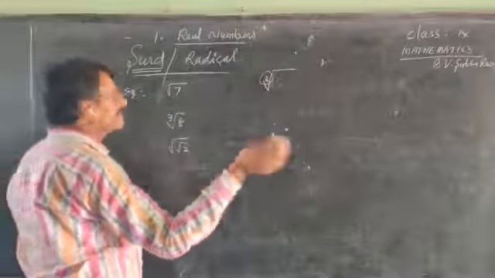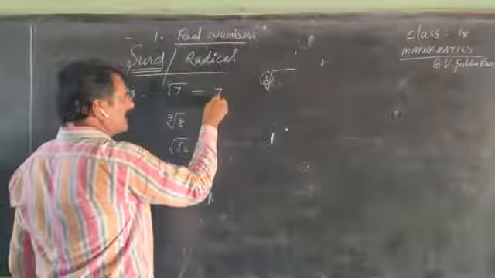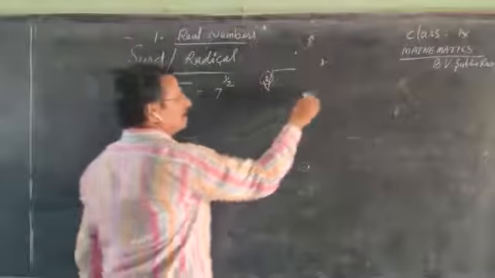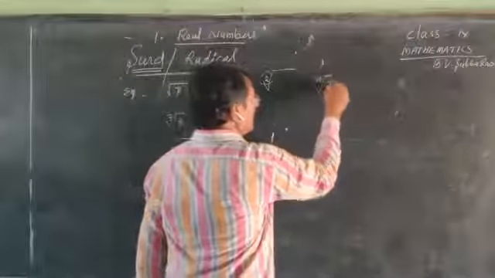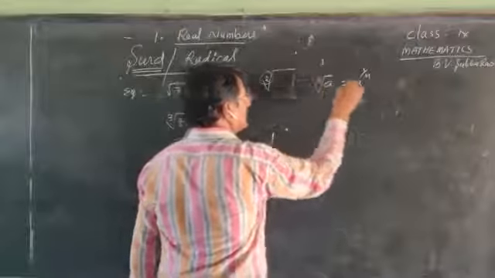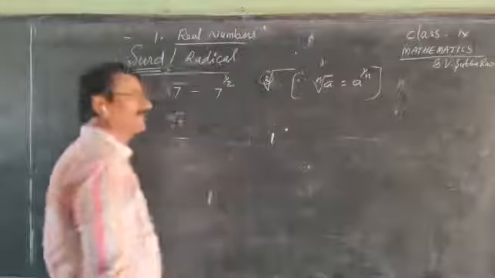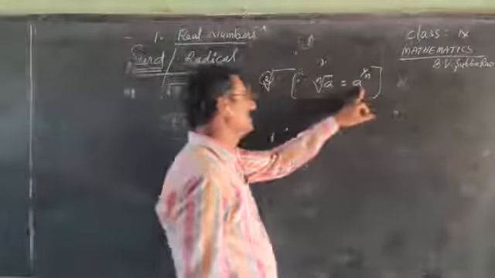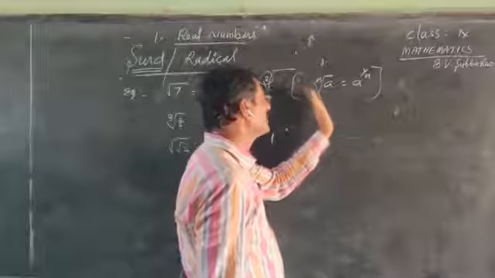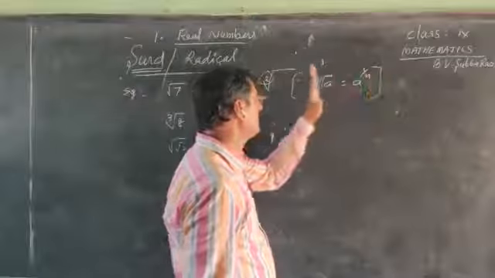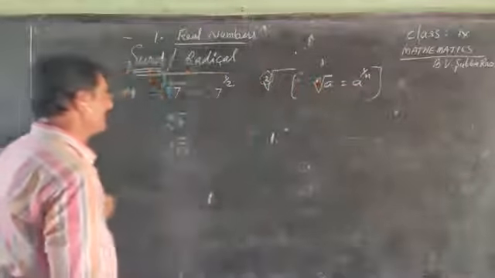Another form is the exponential form: 7 to the power of 1 by 2, because the nth root of a equals a to the power of 1 by n. It is taken from the definition of surd. That means we can change radical form into exponential form and back.